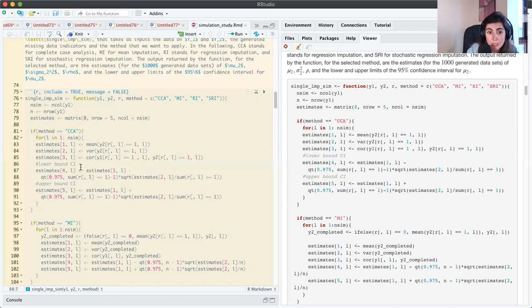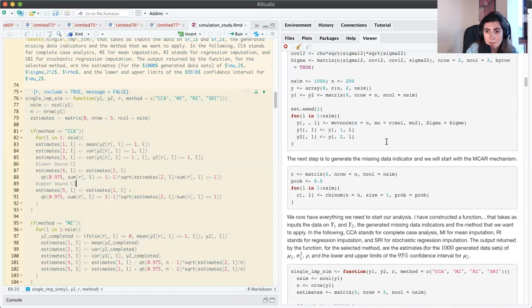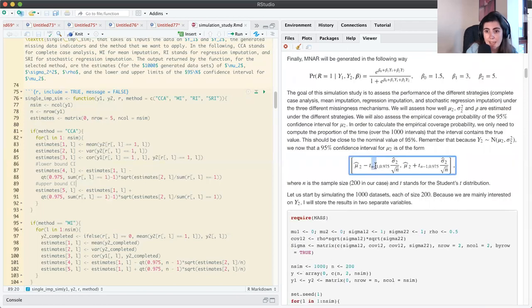And here I'm computing the lower limit of the confidence interval. And note that here we have n minus 1 for the degrees of freedom, and here the square root of n, of the sample size. But under a complete case analysis, the sample size only corresponds to those with a missing indicator of 1, and that's what I have here.